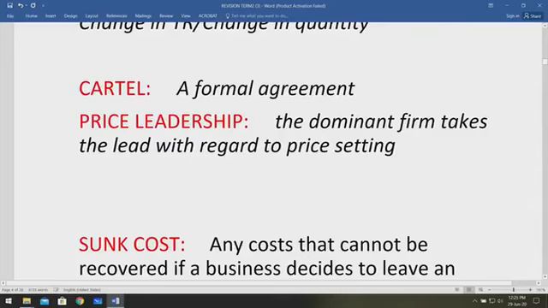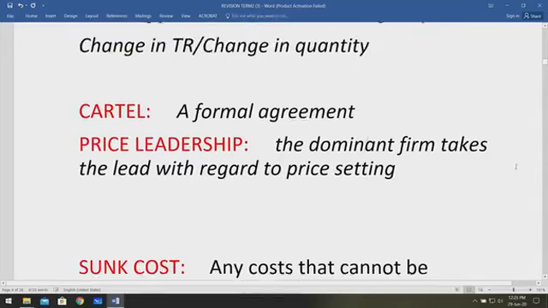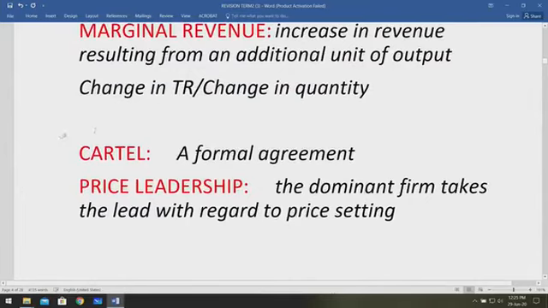Right, the difference between a cartel and price leadership. Now, please bear in mind that both of these, your cartel and your price leadership, are examples of the kinds of collusion that exist within an oligopoly market structure. So a cartel is when there's a formal agreement entered into by producers regarding either their output or their pricing.